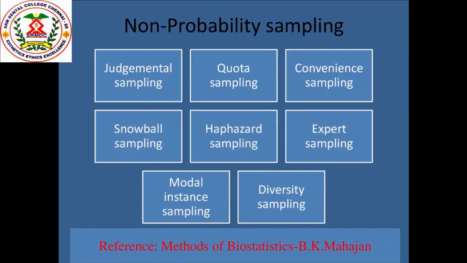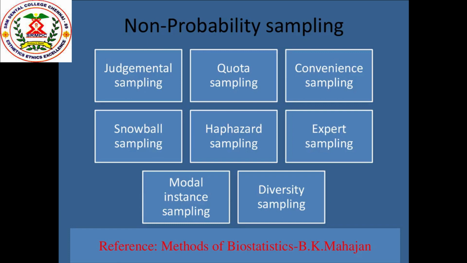Next is non-probability sampling. As I told before, all the representatives will not get an equal chance of being selected in a sample. Judgmental sampling is where we experts select the samples as the final sample. Quota sampling is like having a quota in a final year; we should achieve that quota to extract a final sample.